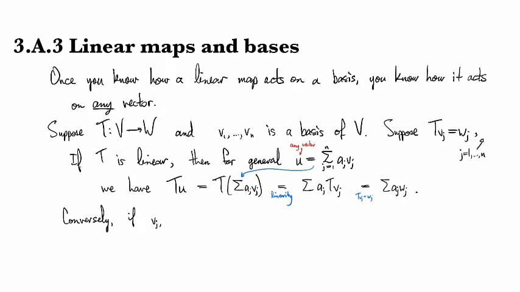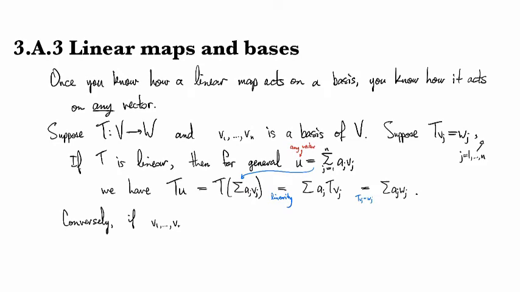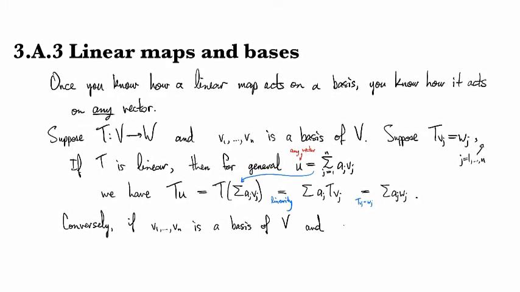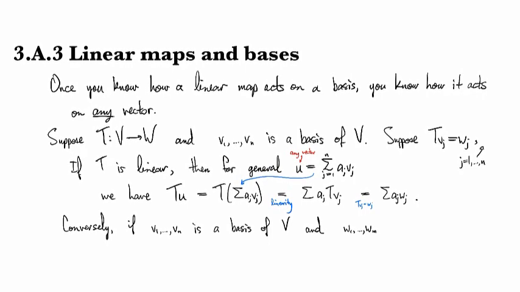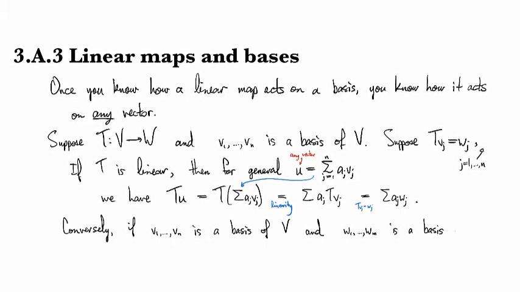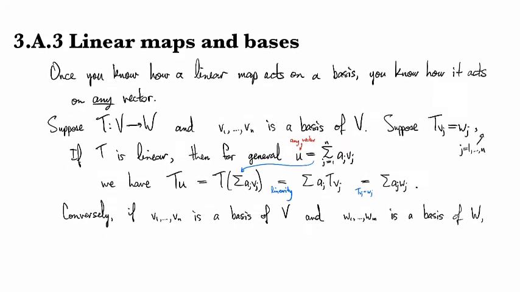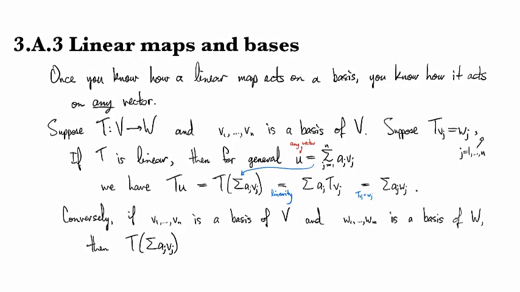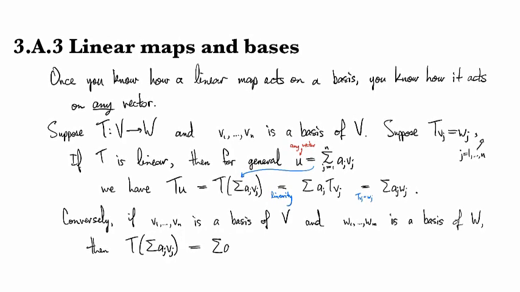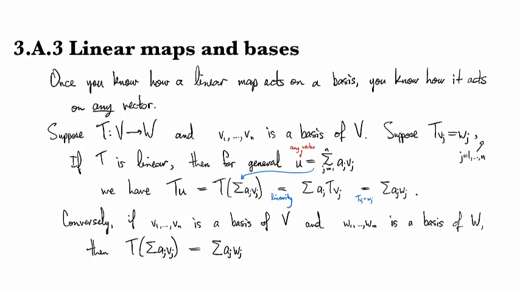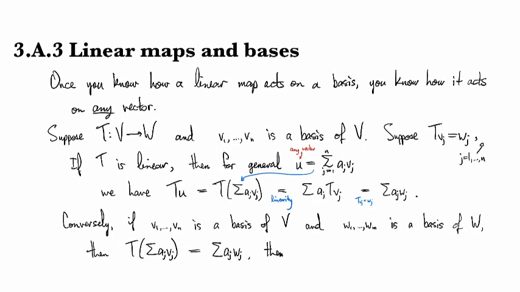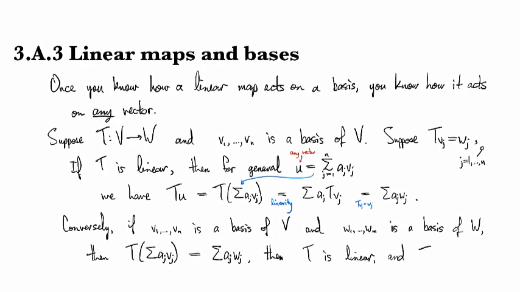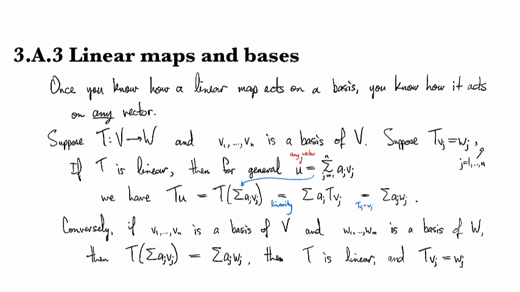If we have a basis of V, and we have a basis of W, and then I just define T of a generic element of V, which we know can be expressed in terms of the basis, to be equal to, and then just swap out the V's with the W's like this, then that is going to be a linear map, and it's a linear map that sends Vj to Wj.